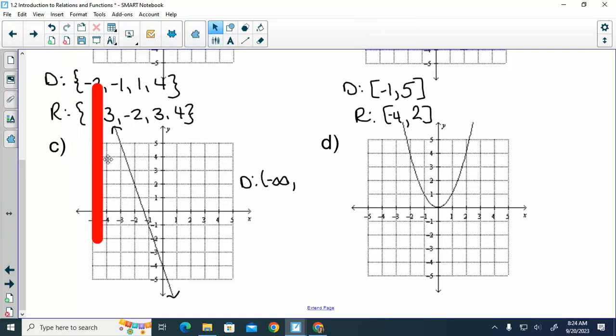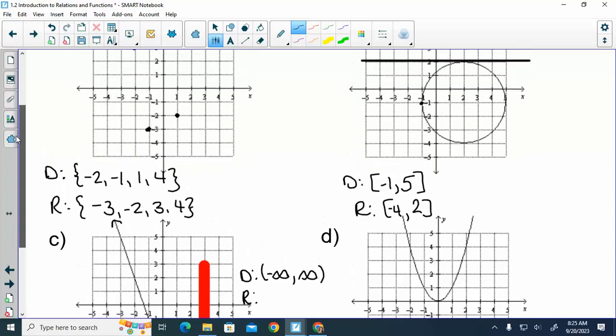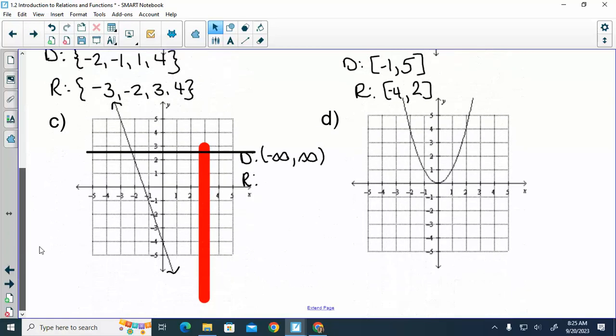Keeps going forever in the positive direction, so the last place we hit it is. Range. Okay, if this is going down forever, what's the first place we hit it? And the last?